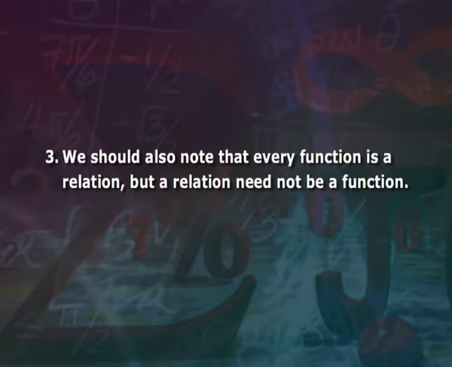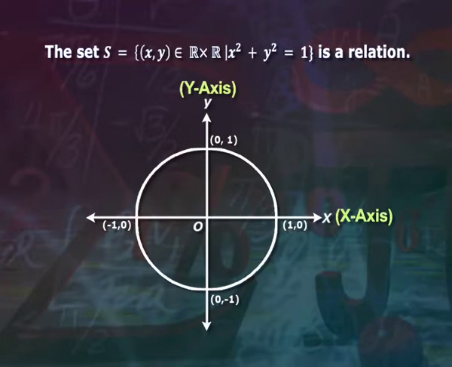3. We should also note that every function is a relation, but a relation need not be a function. The earlier considered set S equal to the set of ordered pairs (x, y) in R² such that x square plus y square equal to 1 is a relation, but this relation is not a function.